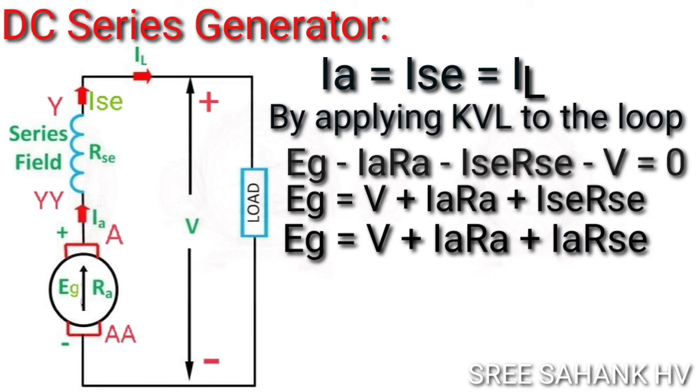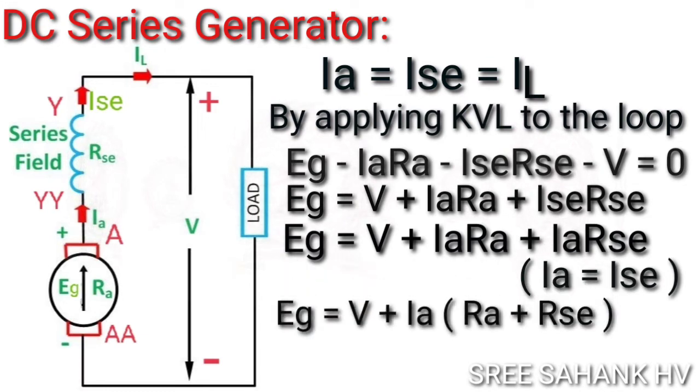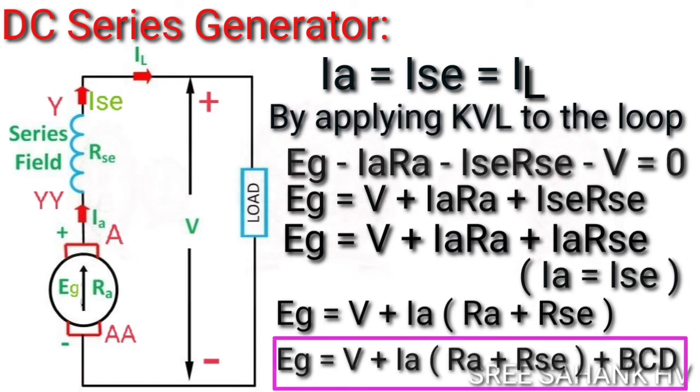EG is equal to V plus IARA plus IARSC. Here IA is equal to ISC, so IA is taken common to both RA and RSC. Therefore, EG is equal to V plus IA into RA plus RSC. Finally, EG is equal to V plus IA into RA plus RSC plus BCD.